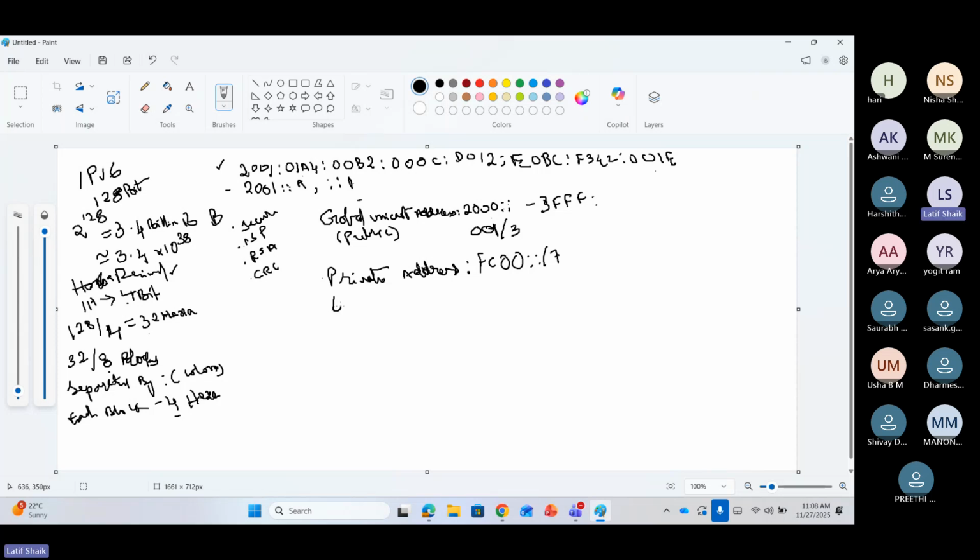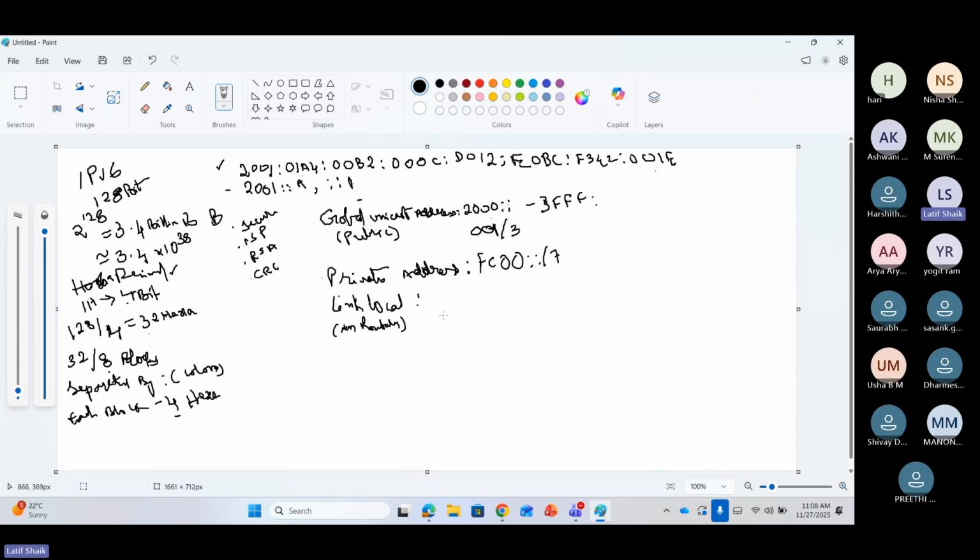My interesting one is link local. This link local is not routable. This is a non-routable type, meaning you cannot communicate between different networks.